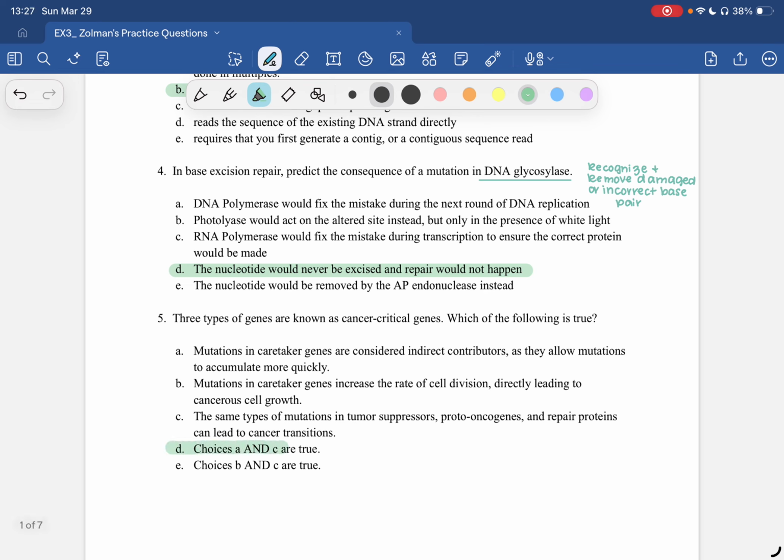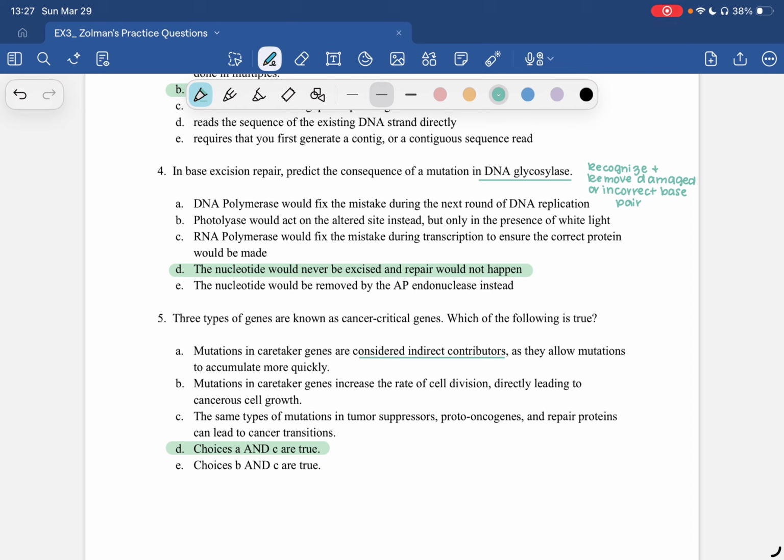And the correct answer is letter D. Choice A and letter C are true. Caretaker genes are considered indirect contributors as they're not directly impacting cell growth. And then letter C is correct because tumor suppressors, proto-oncogenes, and repair proteins can all lead to cancer transitions.